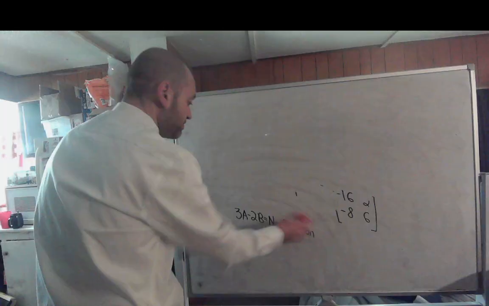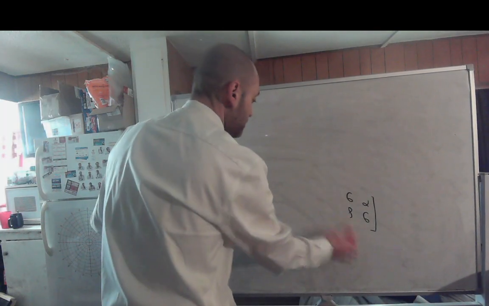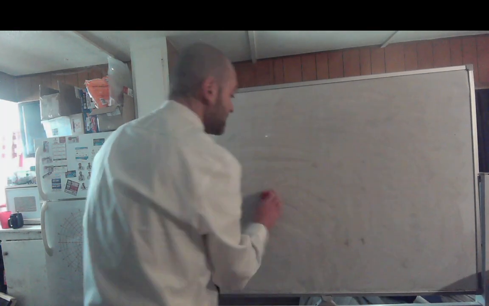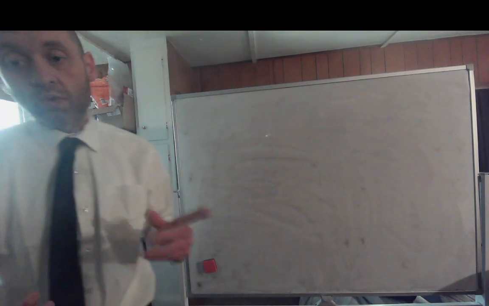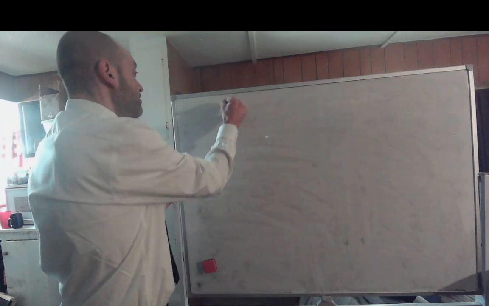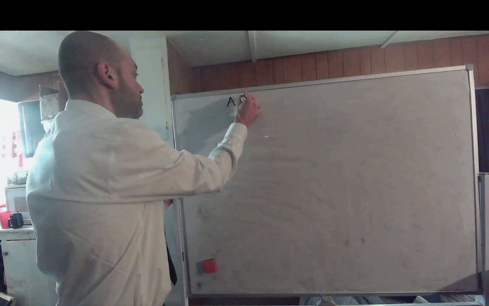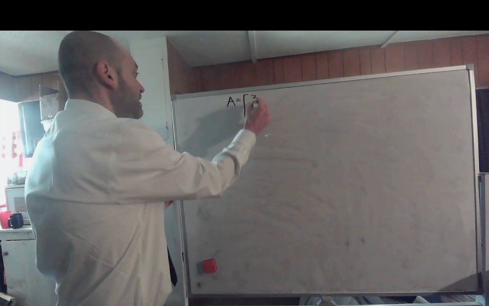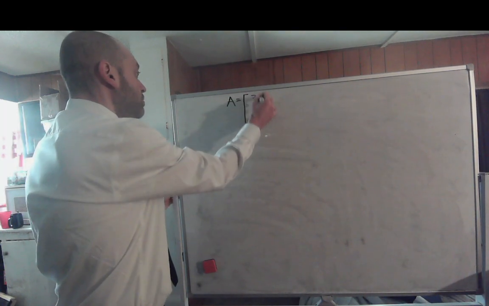So adding and subtracting and all that really proves that understanding how to determine the order of a matrix is absolutely critical. Now what if we have this one? A equals 3, 2, negative 1.